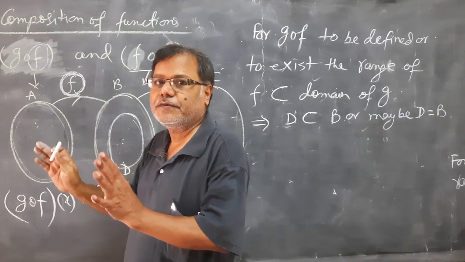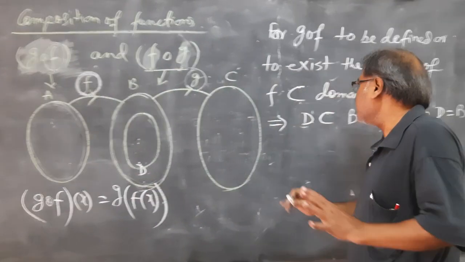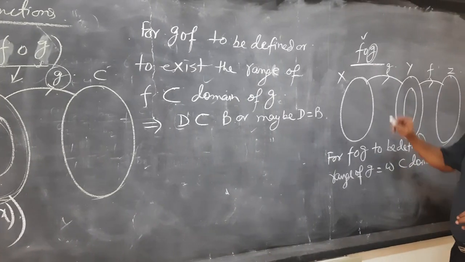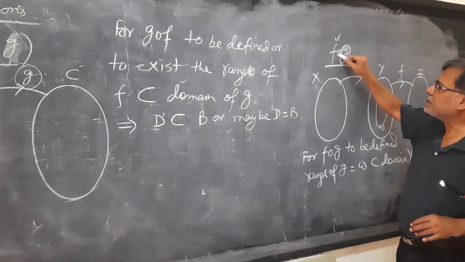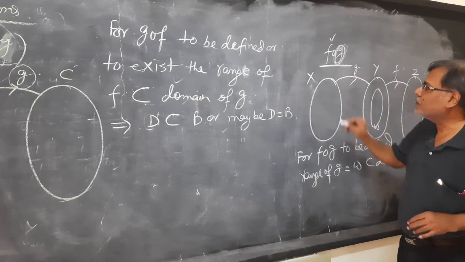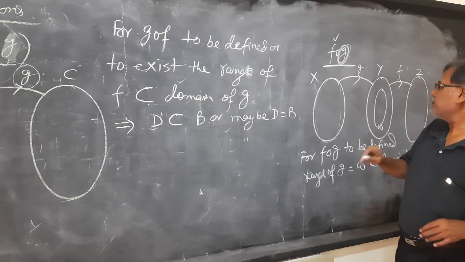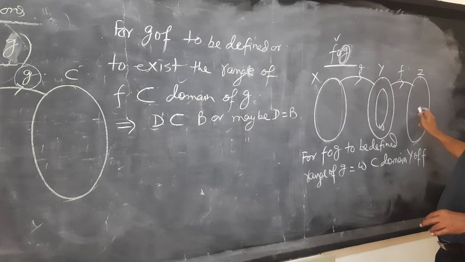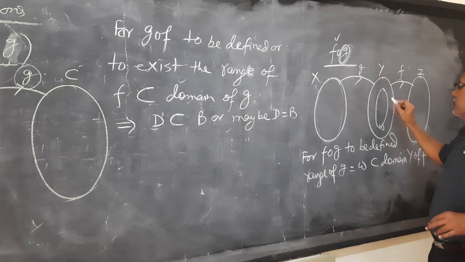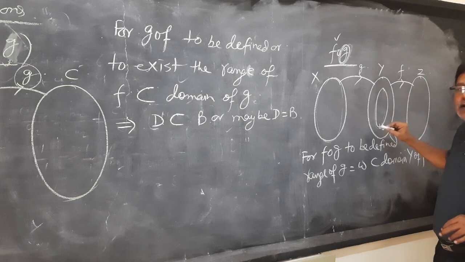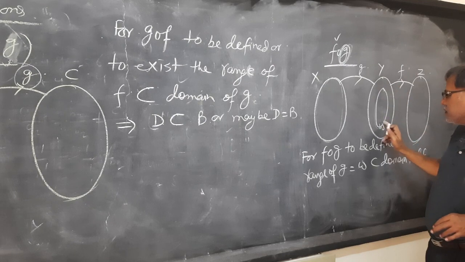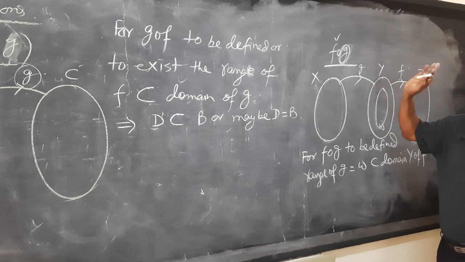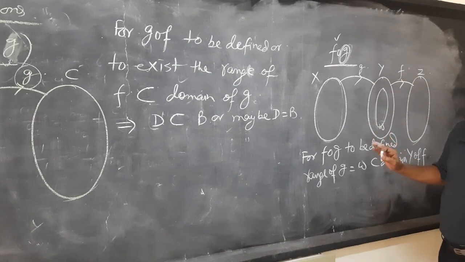That is the difference between these two. Now what is happening here? First, this g function is operated. I have taken an example of three sets, capital X, capital Y and capital Z, and inside capital Y you can see there is a small oval. That means this set W is a subset of capital Y. I hope you are familiar with the word subset.